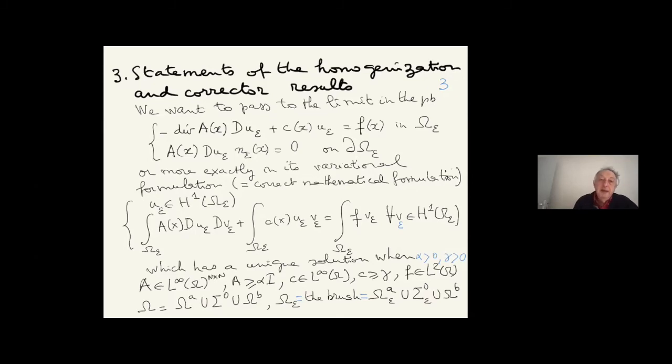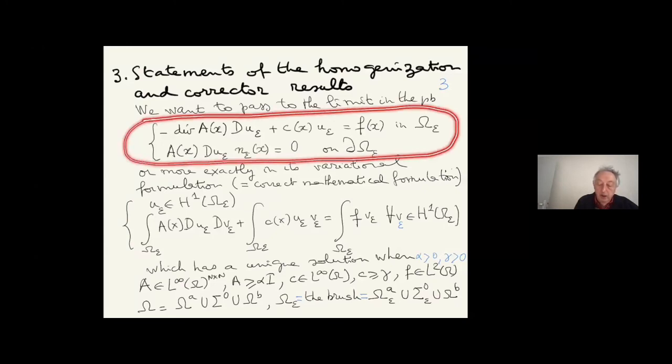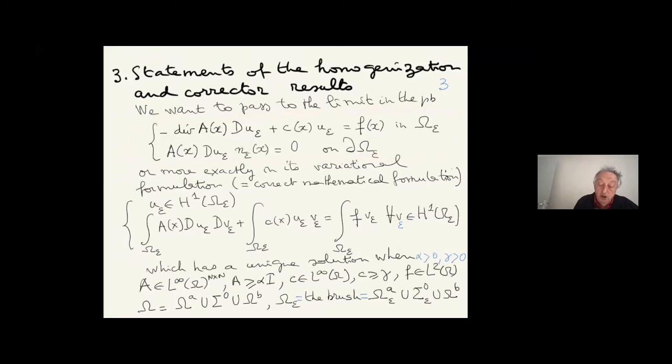So I will begin with the statement of the homogenization and corrector result. I say again what I want to do. I want to pass to the limit in this partial differential equation, with Neumann boundary condition, posed in omega epsilon, and omega epsilon is a brush as described before.